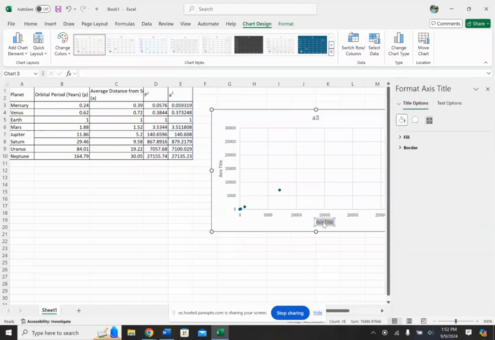This is P squared, and you can write down P is equal to orbital period. And the same way here, and this is A cubed, where A is equal to the average distance between the Earth and the Sun. Oh, sorry, between the Sun and the planet.